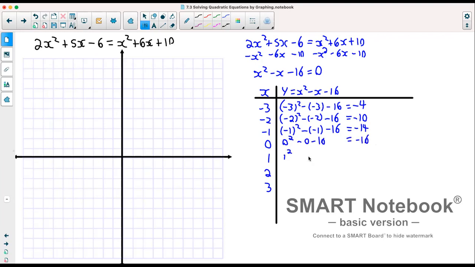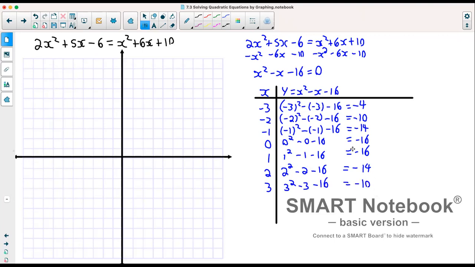Next, we've got 1, so 1 squared minus 1 minus 16 gives us -16. Next, we have 2 squared minus 2 minus 16. So 2 squared is 4, minus 2 is 2. Minus 16 gives us -14. Next, we have 3, so 3 squared minus 3 minus 16. 3 squared is 9, minus 3 is 6, minus 16 is -10.